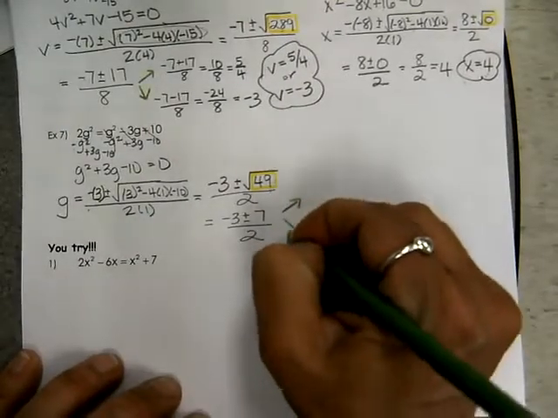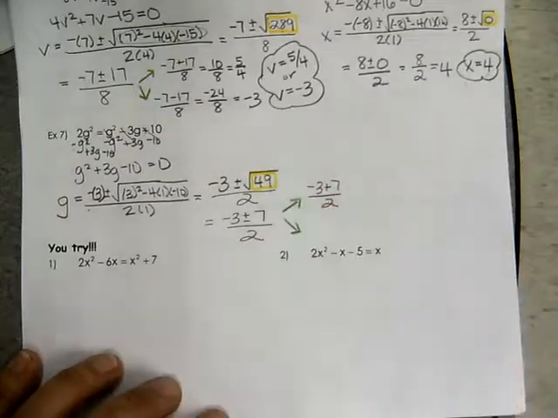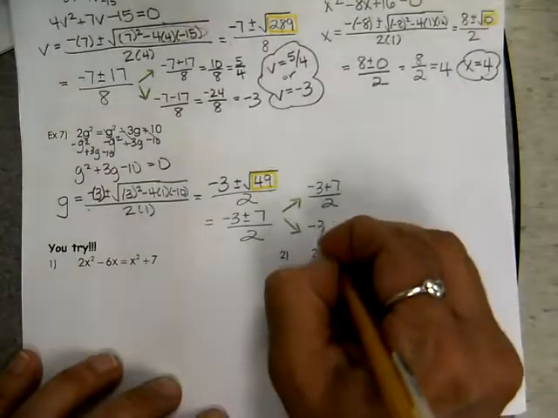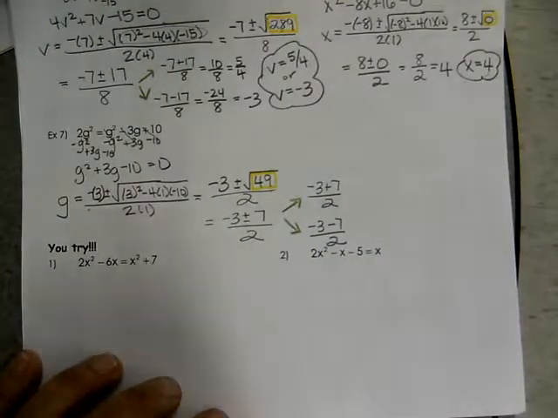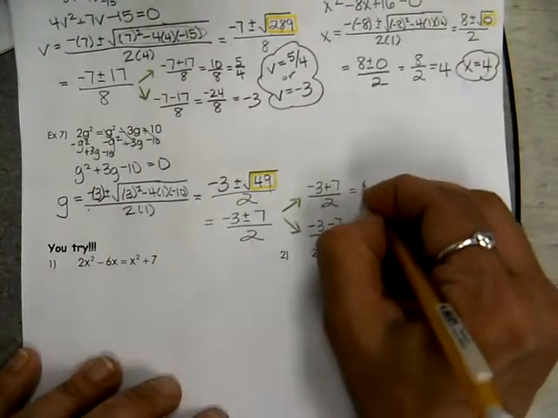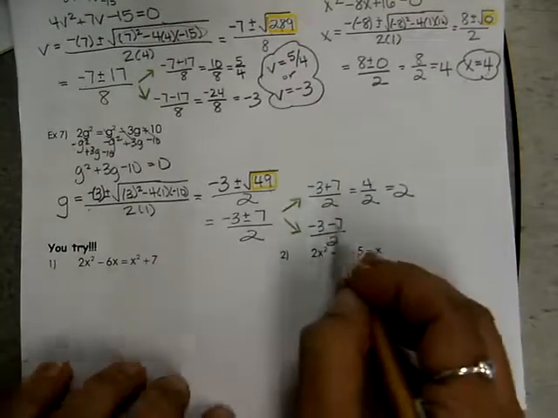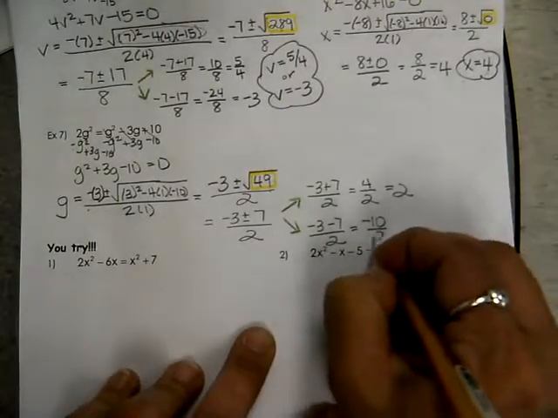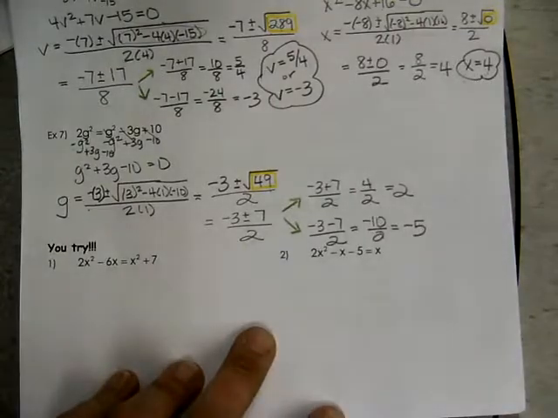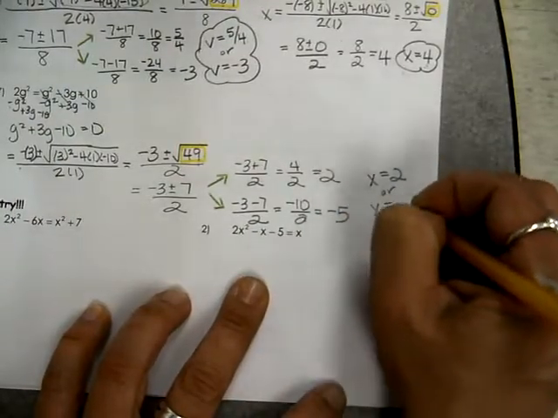And now we can split because we want to take negative 3 plus 7 and divide by 2, and also negative 3 minus 7 and divide by 2. So negative 3 plus 7 is 4. 4 over 2 is 2. Negative 3 minus 7 is negative 10. Divided by 2 is negative 5. So your answer should be g equals 2 or g equals negative 5.